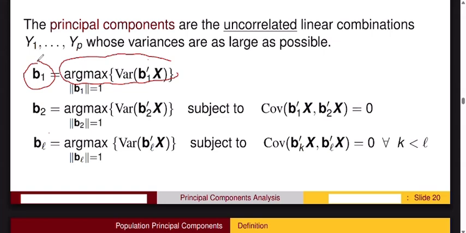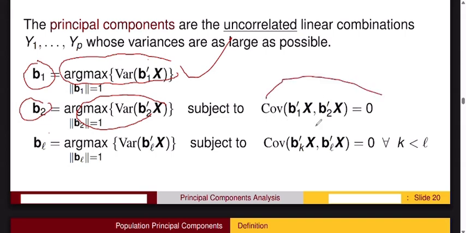So B1 will be the maximum value we are talking about. Now we have B1. For B2, because the first principal component already exists, I have to note that the covariance between the first and the second has to be 0. That is part of the restriction.